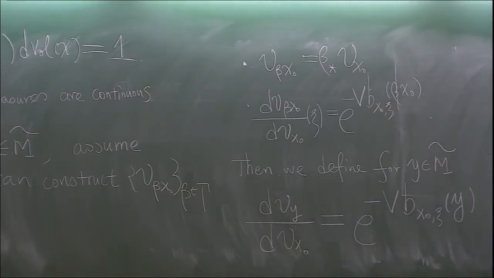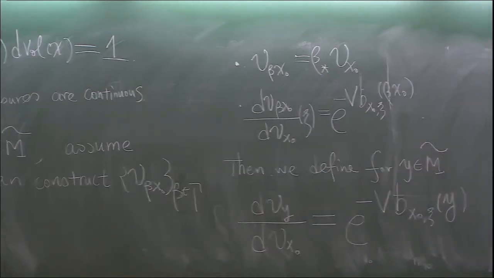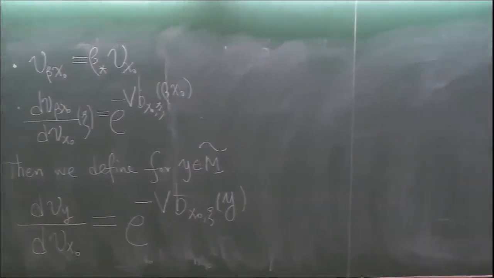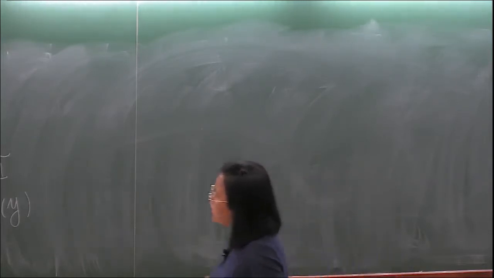This b is the Busemann function. Okay, we just take this as a definition. So once we obtain this class along the orbit of x naught, then for other y, we just take this as a definition.